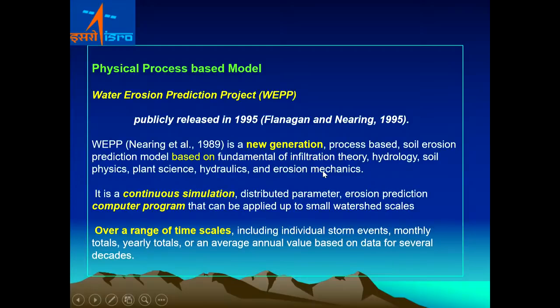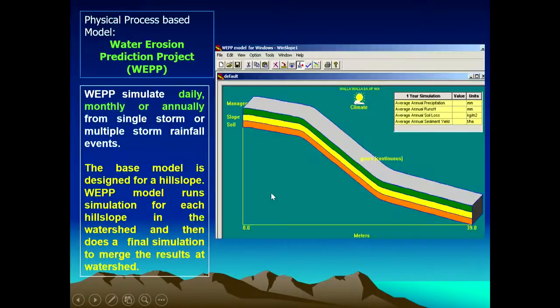All processes it takes into account, and then it calculates. So it is a very descriptive model, a white box model, where all the processes have been mathematically described, and the algorithm is written in computer software and you can run it.